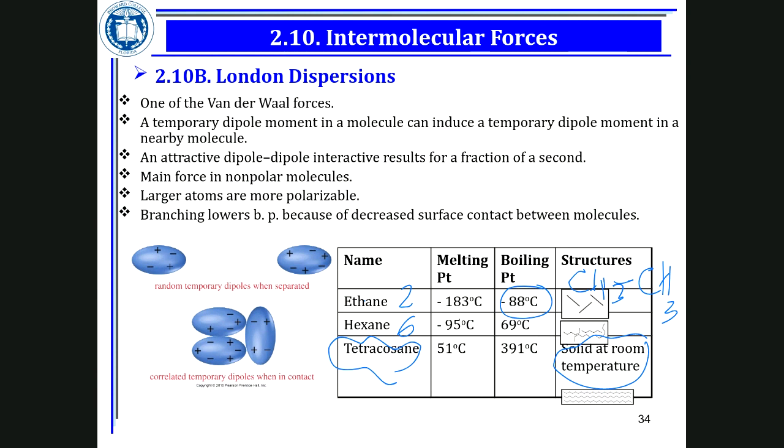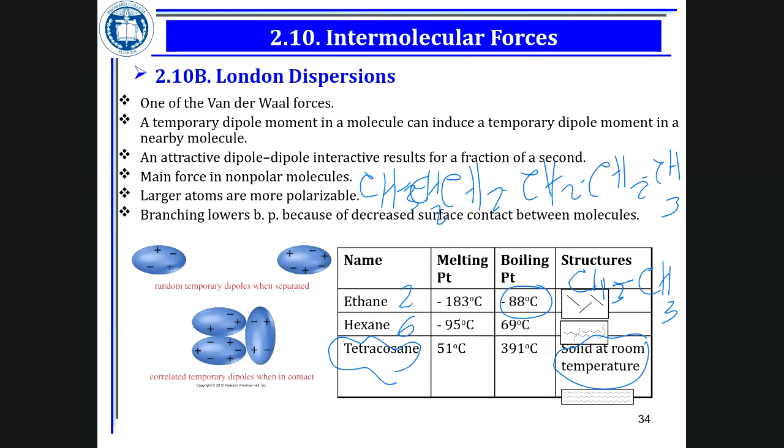What about for hexane? Hexane is CH3, CH2, CH2, and CH3. Is hexane polar? Hexane is not polar either, because it's only carbon hydrogen. Any organic molecule that is made of only carbon and hydrogen is non-polar. So also London dispersion for hexane.